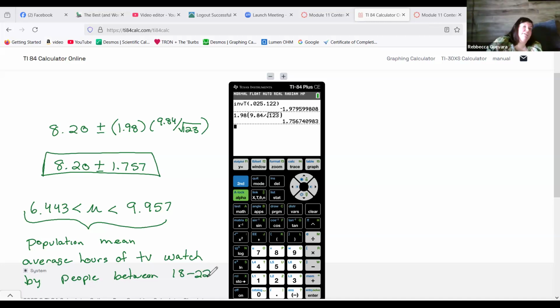So the sample was 8.2, but somewhere in this range, it could actually be 9, it could be 6.6, but somewhere in there, we expect the actual population mean.